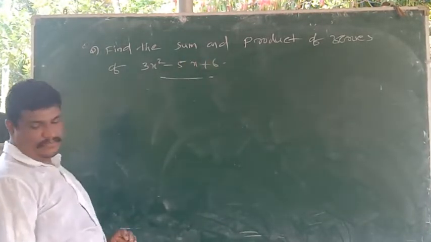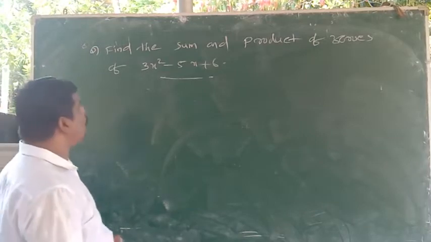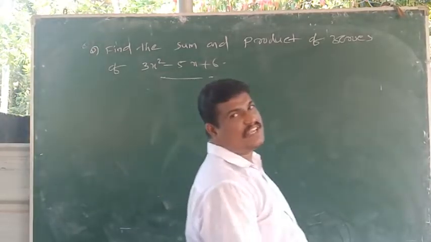So next question, find the sum and the product of the zeros of 3x square minus 5x plus 6.